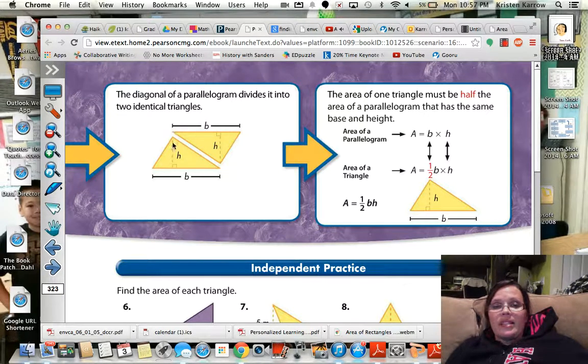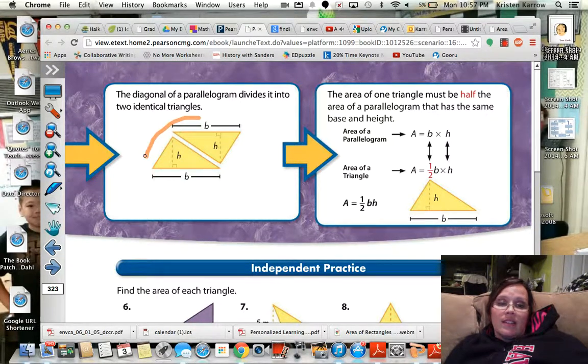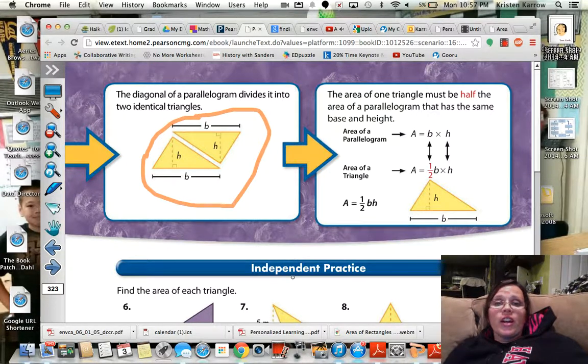You can see the base is here, and they both have a height, which is at a 90-degree angle to the base, not the slanted side, but straight up and down with a 90-degree angle. They want you to see this visual because this should show you how we get the formula for area of a triangle.